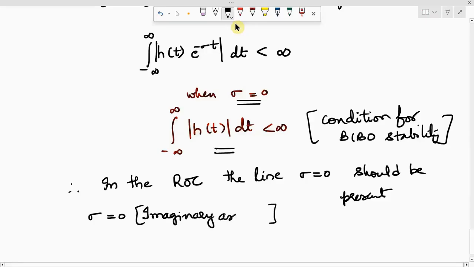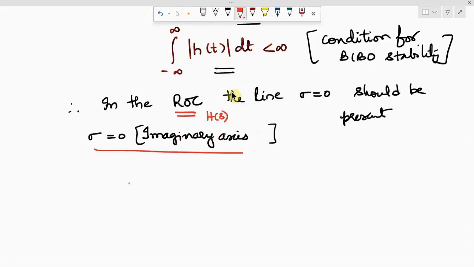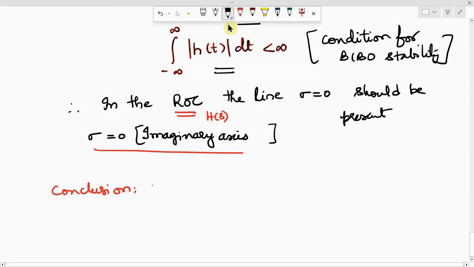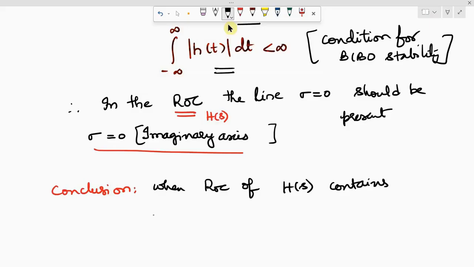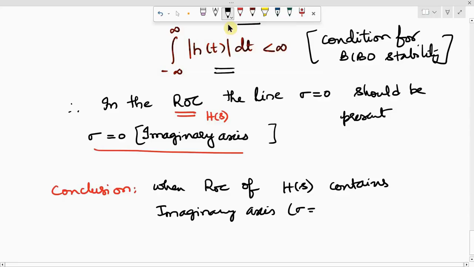So the conclusion from this is, when the ROC of h of s contains the imaginary axis, then we say that, so final conclusion is: when the ROC of the system transfer function contains the imaginary axis, that is sigma equal to 0 line, then the system is BIBO stable.